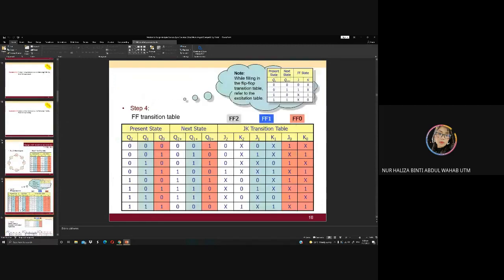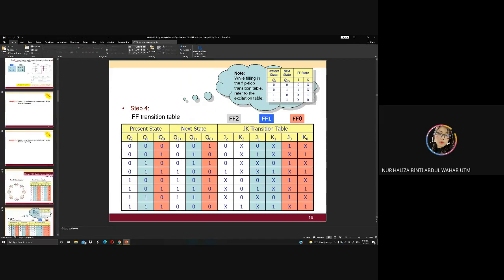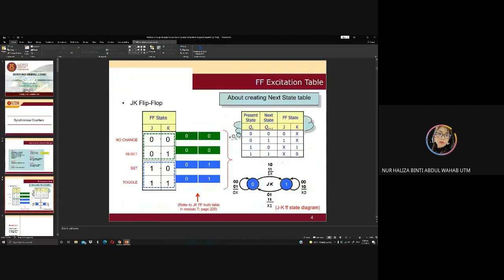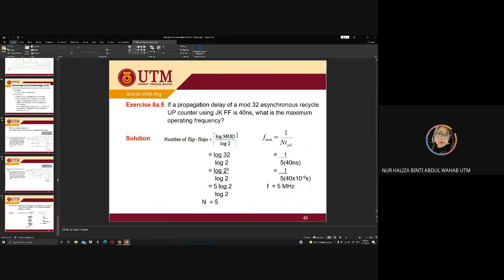You're going to have a bigger table, the transition table. You have the present state, next state, and the JK transition table. So a lot of things. Before you go deeper, please make sure you understand the simplest table we have in our module 8A.